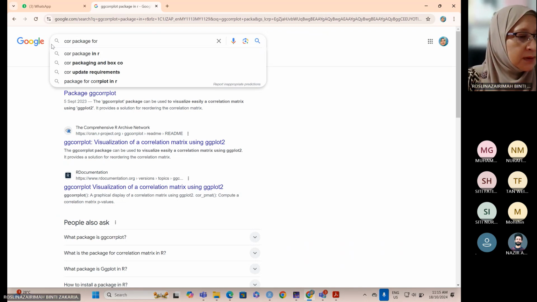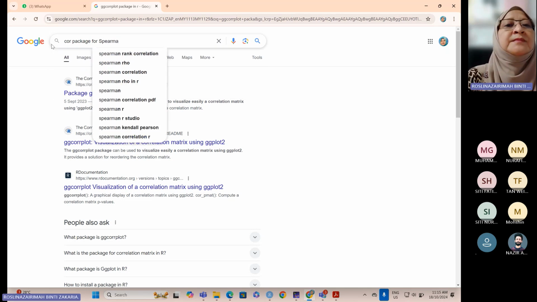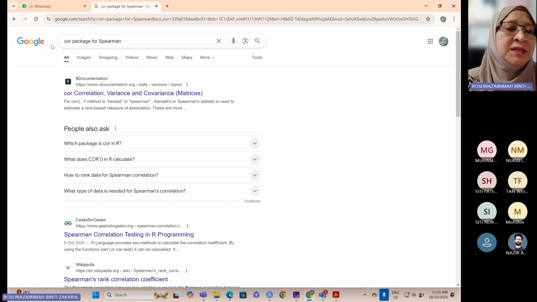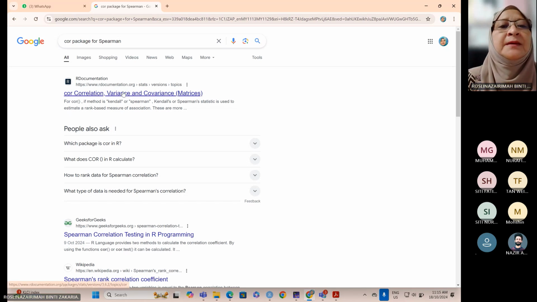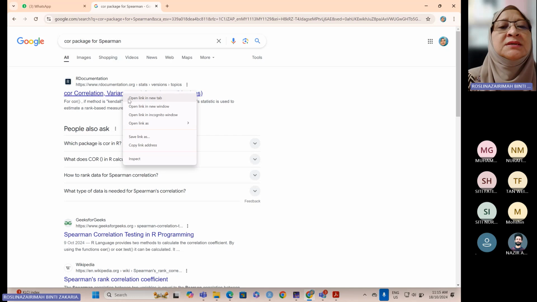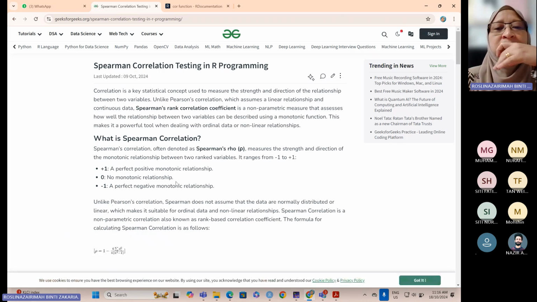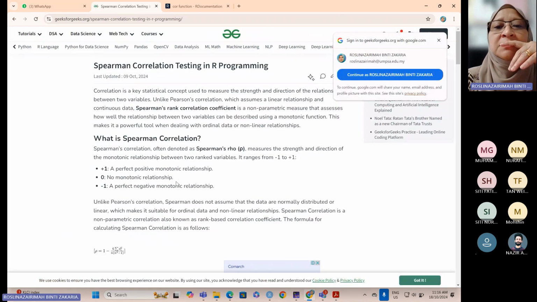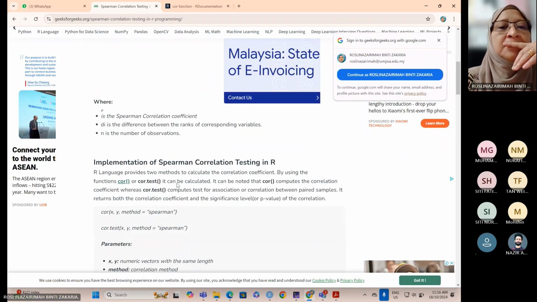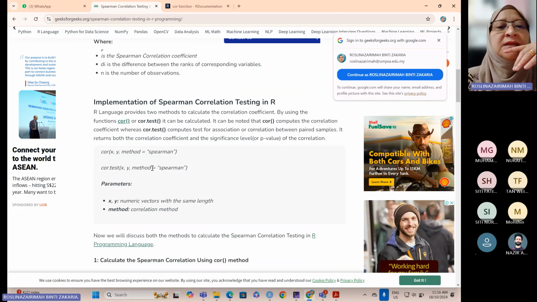Pearson, satu lagi apa? Spearman. Oh, Spearman. Spearman ni dia non-parametric kan? Yeah, actually you can change. Mana dia punya coding dia? Sekejap. Oh, kita boleh guna cor test.